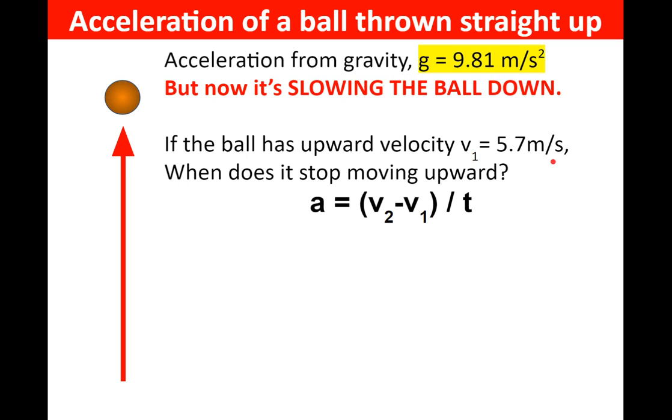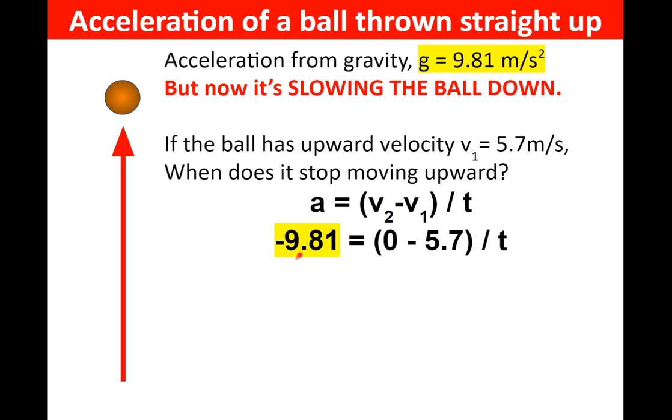Here's our equation. Everything we need to know is here. We've just got to plug the stuff in. So upward velocity v1, we know that this is here. We know that the acceleration is from gravity, but remember, acceleration is a vector. It has a direction, just like velocity. So let's plug some stuff in.